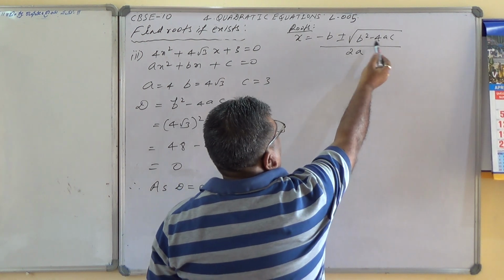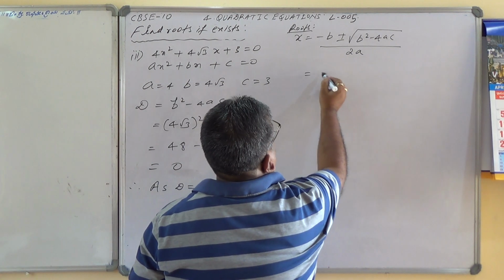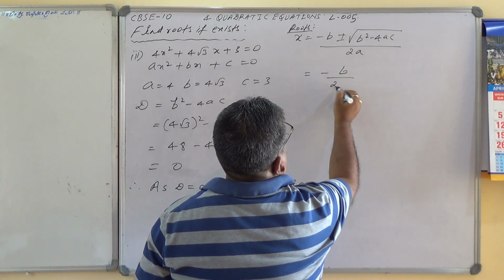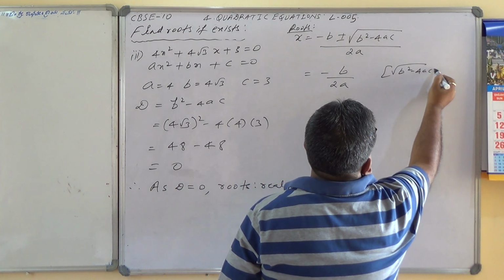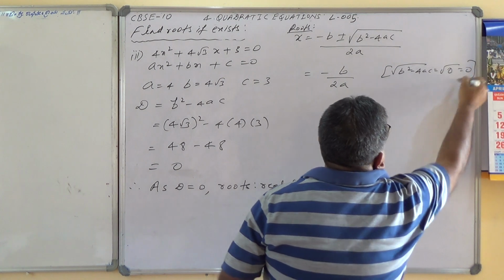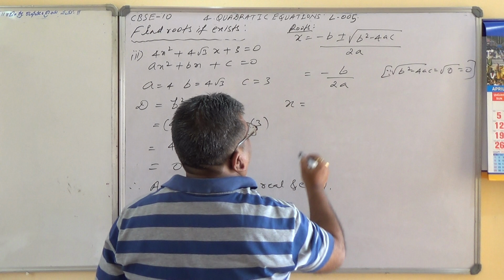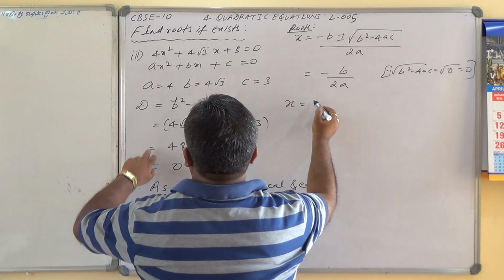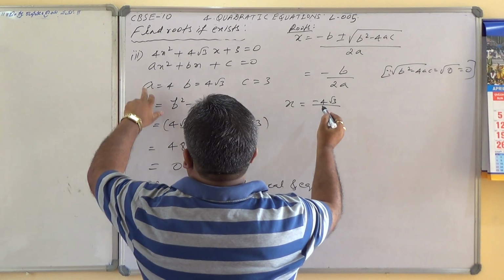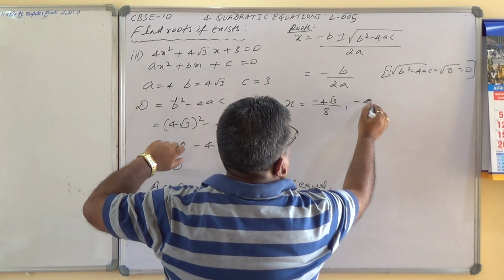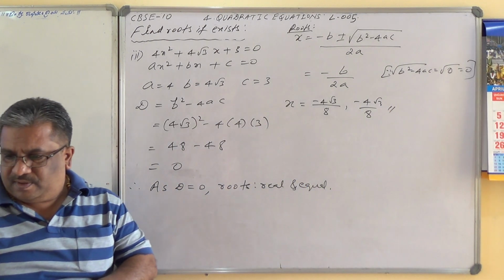Now, under root of b square minus 4ac is 0 here, which equals under root of 0, which equals 0, and therefore x equals minus b by 2a. What is minus b by 2a? Minus 4 root 3 by 2 times a, which is 8, comma minus 4 root 3 by 8. This is the answer for this.